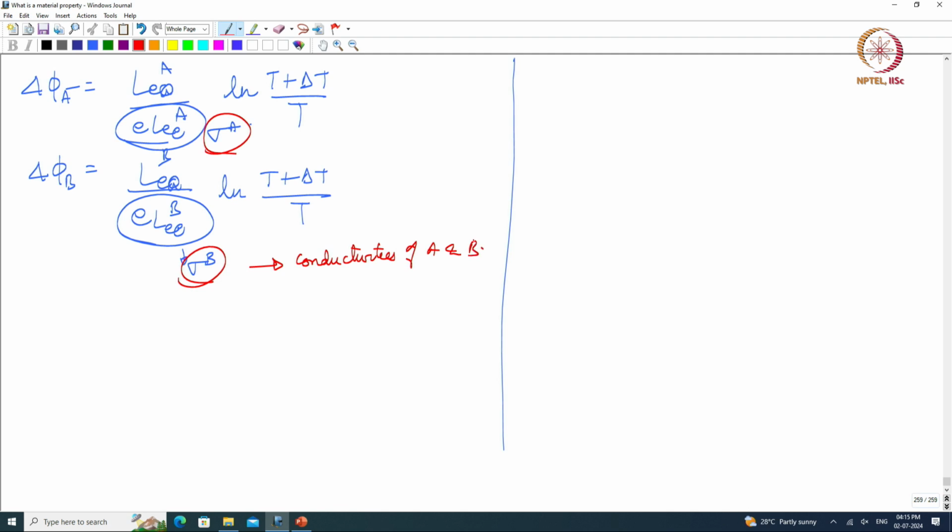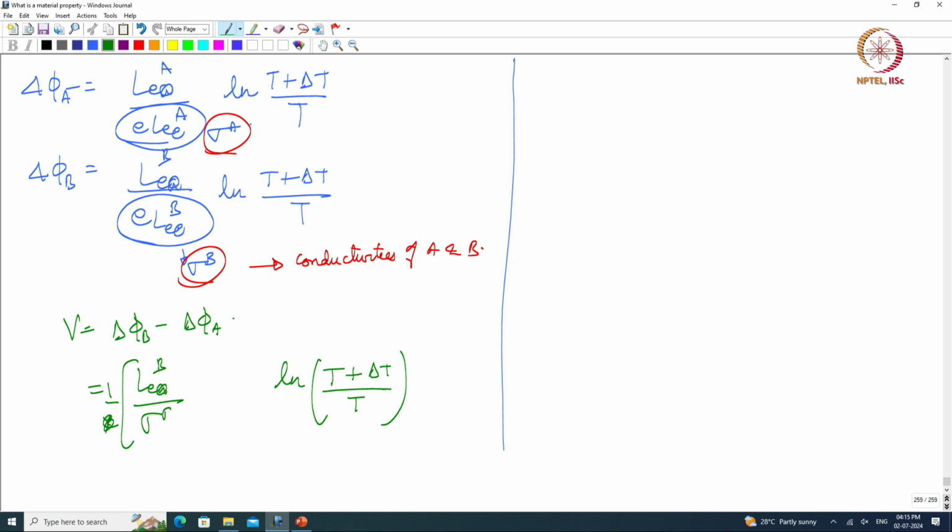Now, I have a potential difference V, which is just delta phi B minus delta phi A. That is equal to, in an ideal scenario, ln of (T plus delta T) by T times (L_EQ,B by sigma B minus L_EQ,A by sigma A).